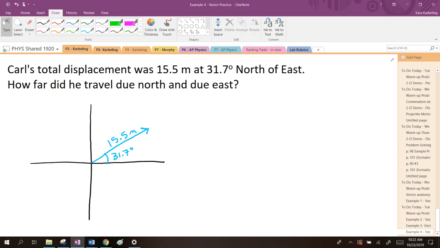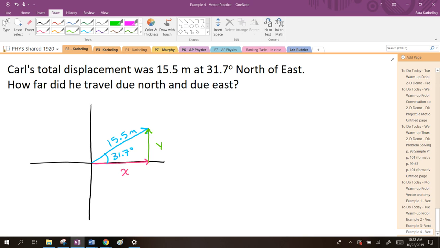So I'm going to go ahead and draw two vectors, one of which goes east and the other one goes north. To keep track of these, I usually write them as X and Y, just because it's a nice way to look at that.